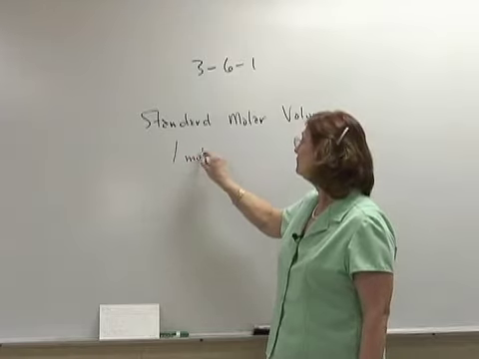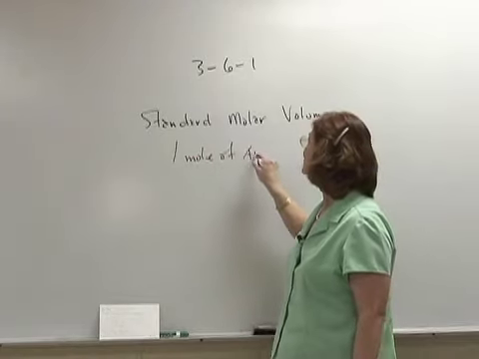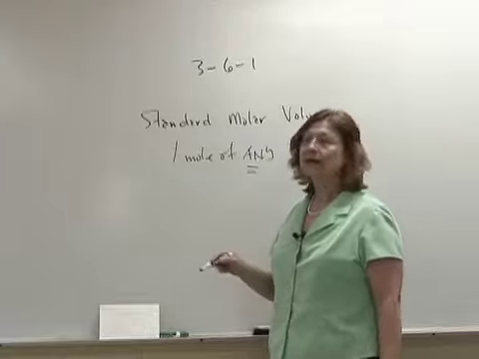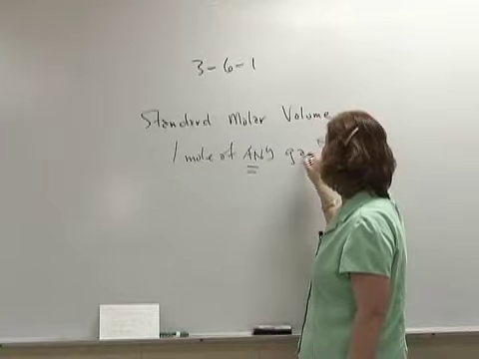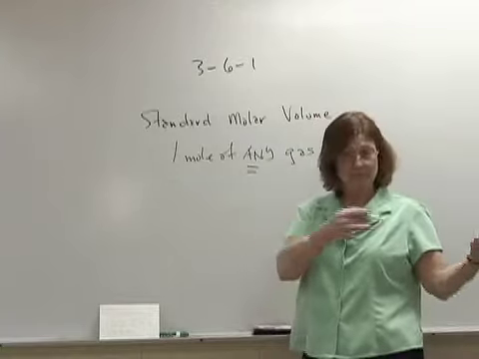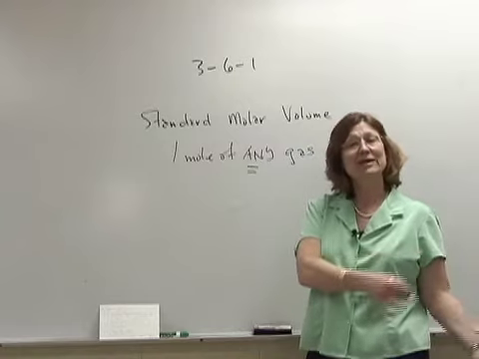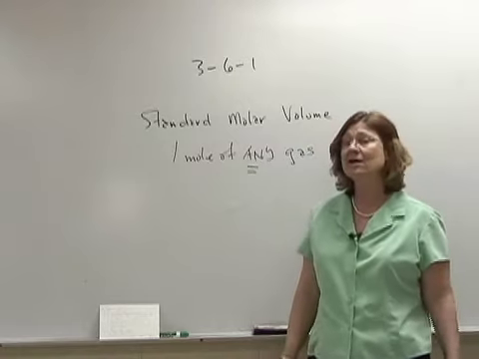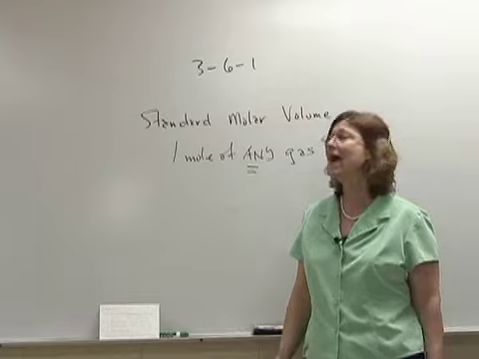1 mole of any gas. And why do we say any gas? Because we, from gases part 1, determined that we treat gases as though they were ideal. So it doesn't matter which gas that I have.